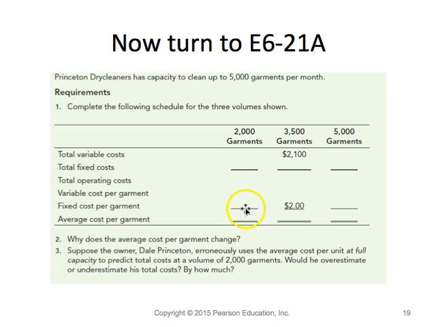And fixed cost per garment will be 7,000 divided by 2,000. It'll be 3.5 in here, and the total will be 3.5 plus 0.6. It will be 4.1. Same idea, you can find it here.